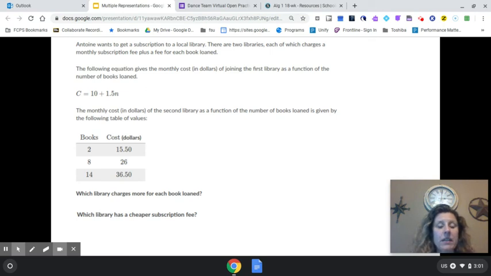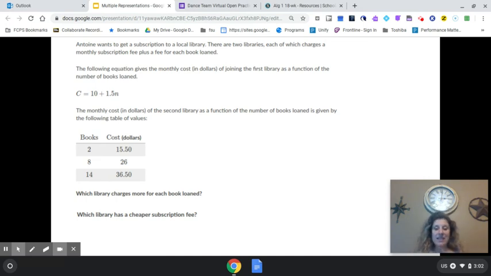The monthly cost in dollars of the second library as a function of the number of books loaned is given by the following table of values. 2 books is $15.50, 8 books is $26, and 14 books is $36.50. The first question, which library charges more for each book loaned? And the second question, which library has a cheaper subscription fee?